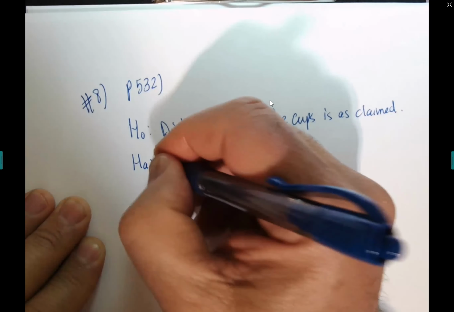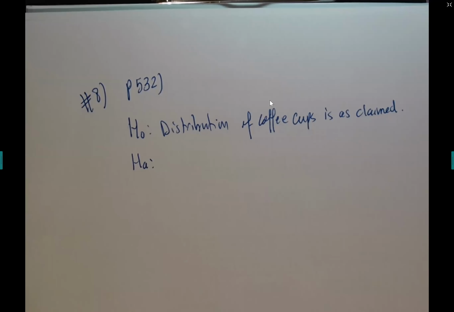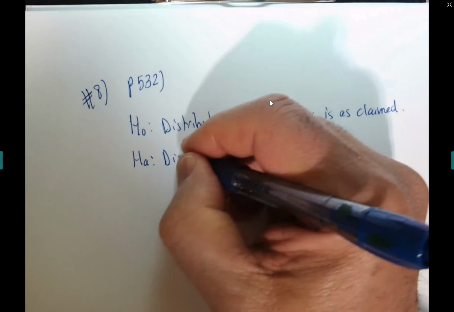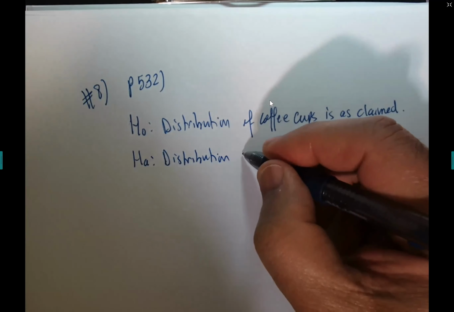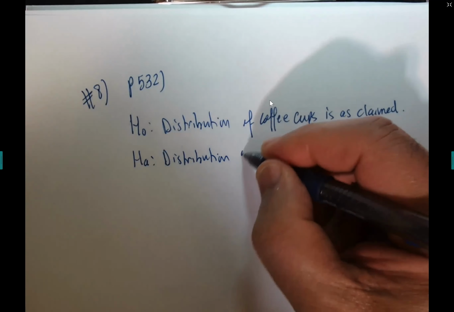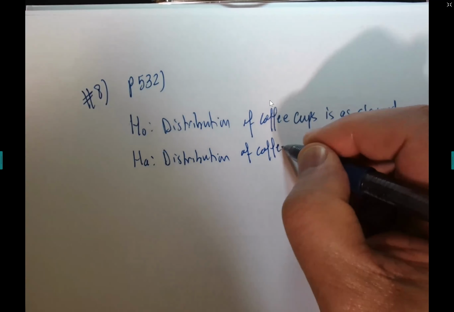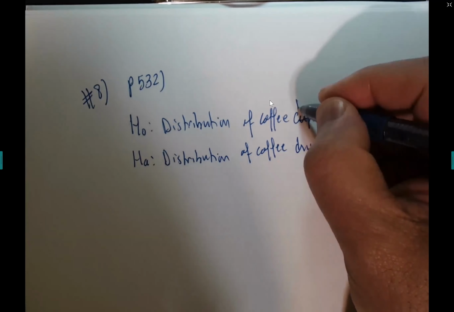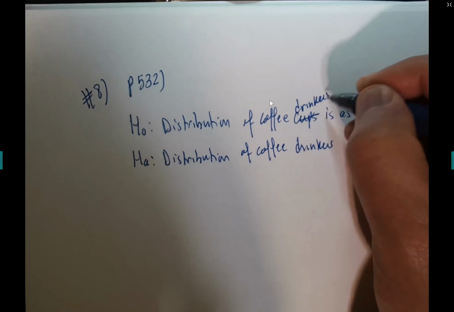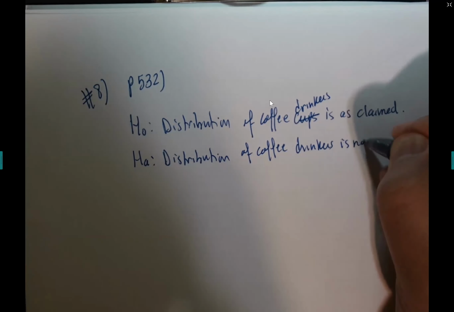HA, can someone remind me what's the HA? It's always generic language. You don't change, guys. So H0 will be the distribution as given to you as expected. What would it be, HA? The distribution of coffee drinkers has changed or is not as claimed.